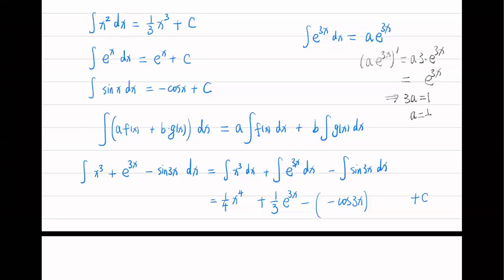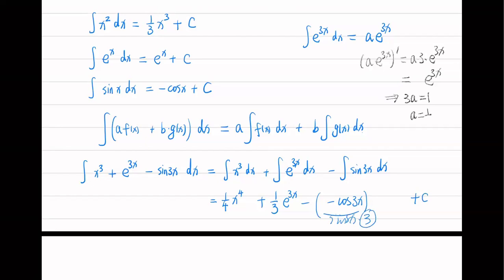Almost, almost. But say, if you take a derivative of this, what do you get? So you have this additional 3. How do you cure it? Okay, okay.